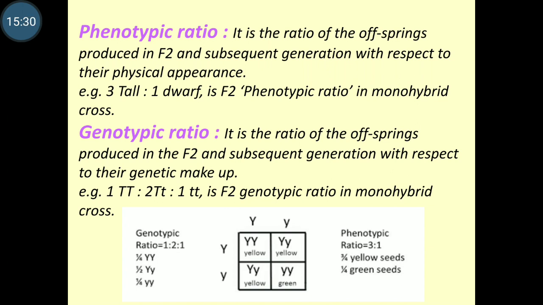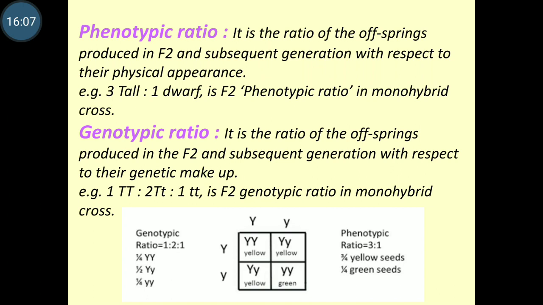Genotypic ratio, it is a ratio of offsprings produced in F2 or subsequent generation with respect to their genetic makeup, that is 1 is pure tall, 2 hybrid tall, and 1 is dwarf, which is 1 is to 2 is to 1. That is the F2 genotypic ratio of monohybrid cross. So phenotypic ratio is 3 is to 1 and genotypic ratio is 1 is to 2 is to 1. Okay, you can see here in the Punnett square chart.